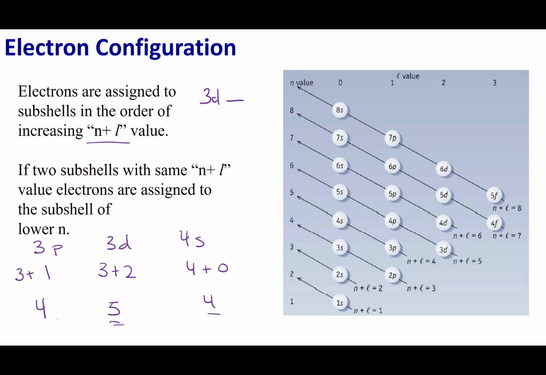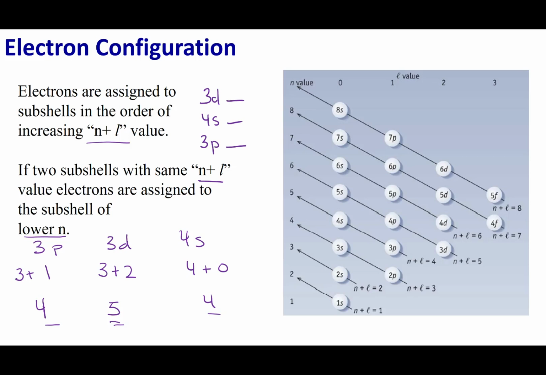Next, I see that I have a tie between 4s and 3p. If it has the same n plus l, to break the tie, we always put the lower n lower in energy. So in this case, the 4s is going to be in the middle, and the lowest energy is going to be the 3p.